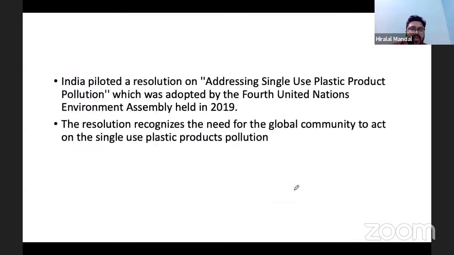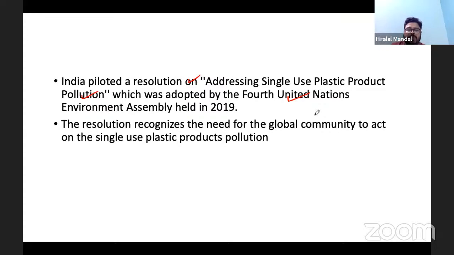Okay, so in fact, India has already piloted a resolution on addressing single-use plastic product pollution, and this was adopted by the fourth United Nations Environment Assembly in 2019. So this is under the pilot project.